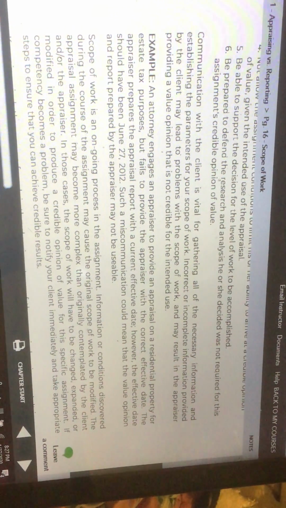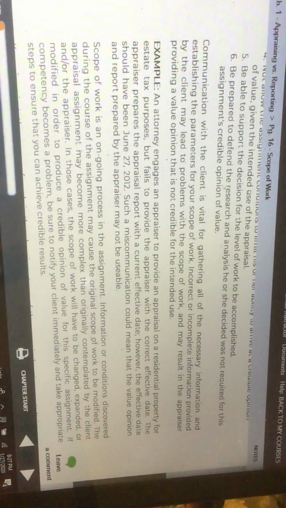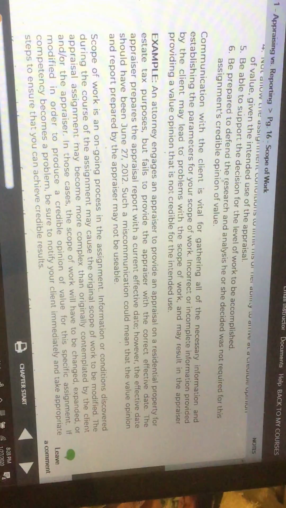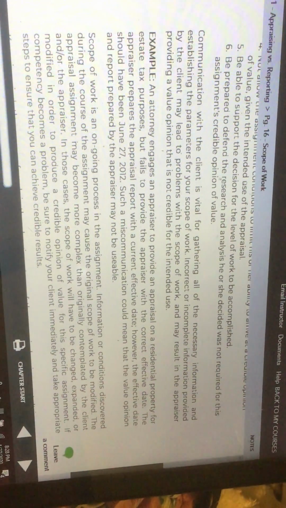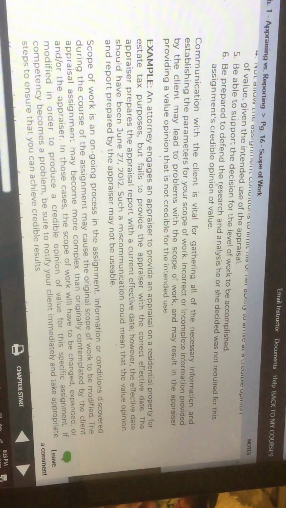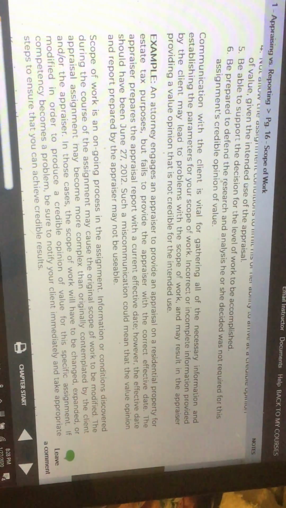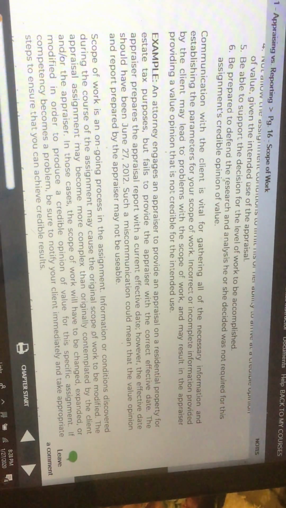Example: an attorney engages an appraiser to provide an appraisal on a residential property for estate tax purposes, but fails to provide the appraiser with the correct effective date.